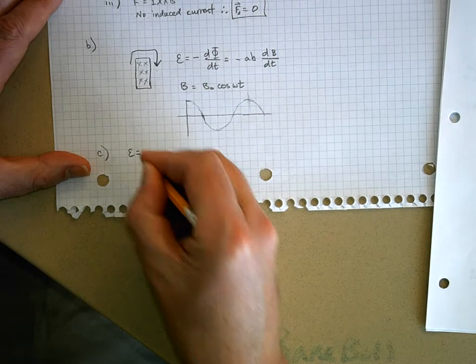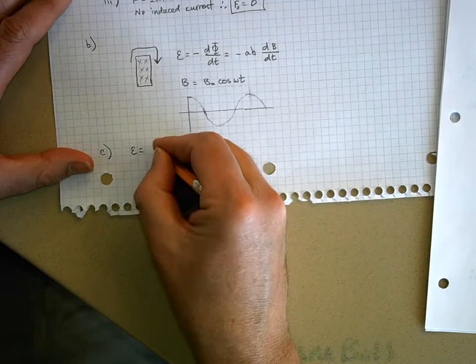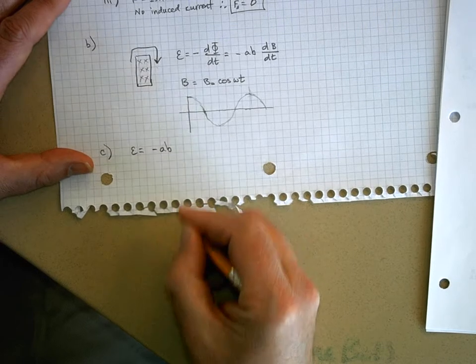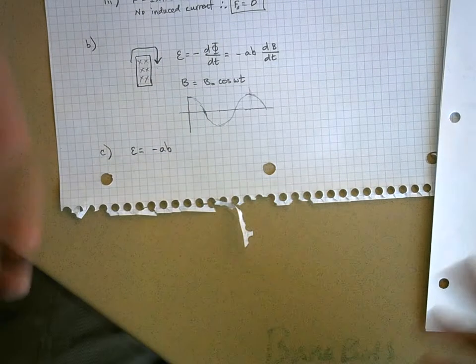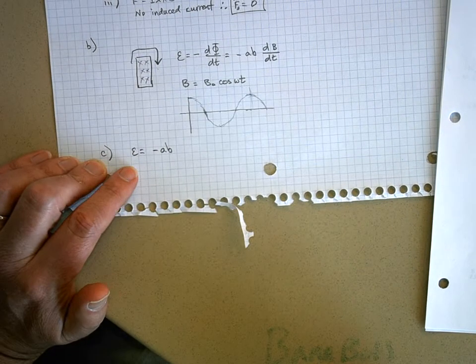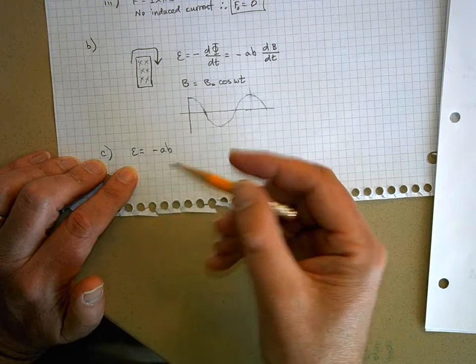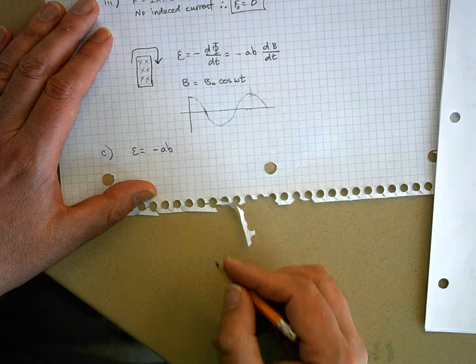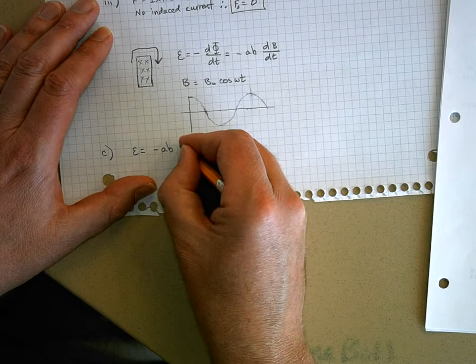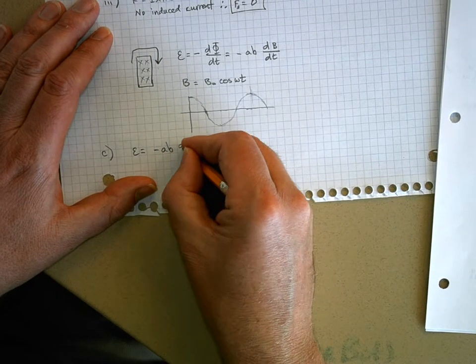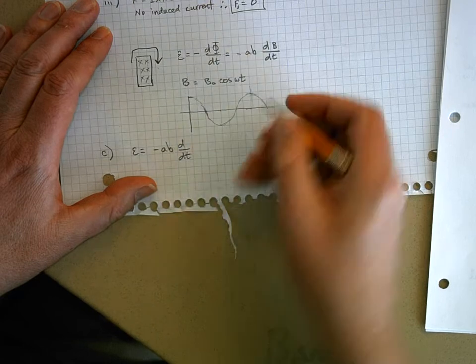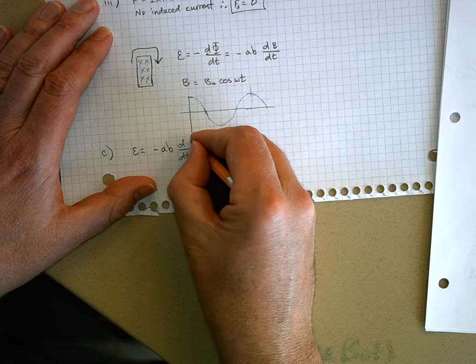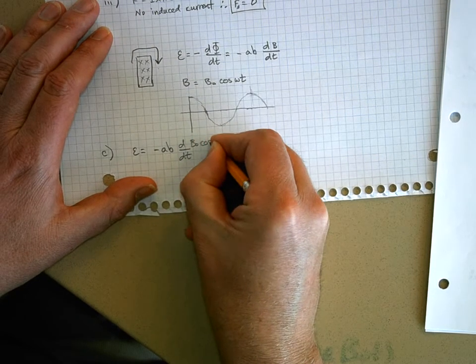So E is equal to, let's finish this, negative A dB dt. Now they want the magnitude of the induced current, so I don't really need to worry about that negative sign. I'll drop it in a second. B is equal to B naught cosine omega t.